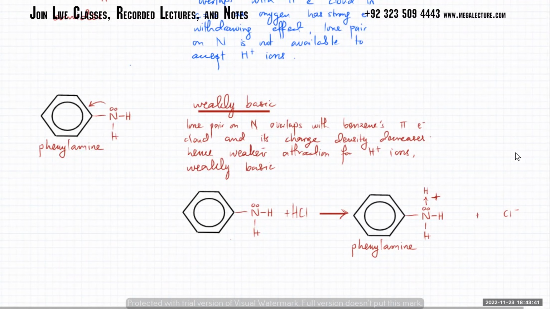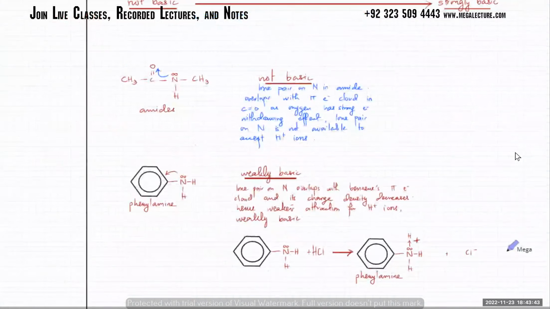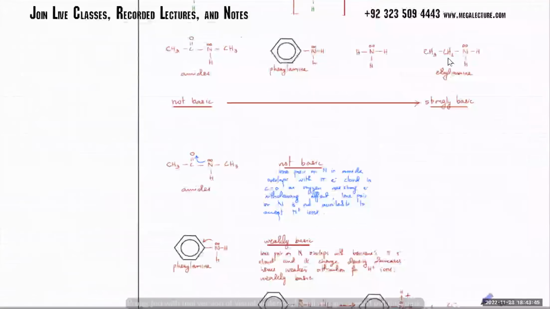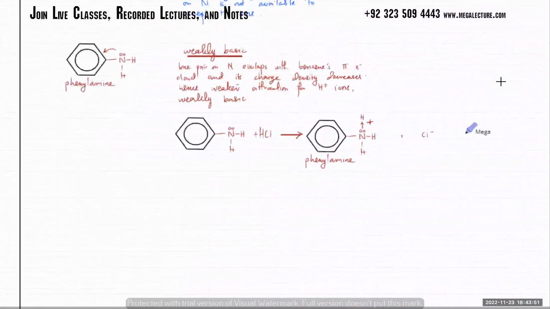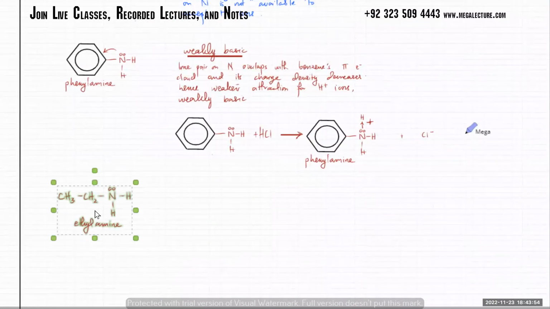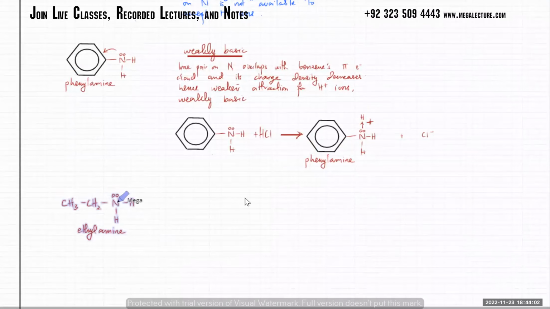There's this last one. That is relatively the strongest of all the bases because it's got an electron donating effect. So in this case, this is the one that happens to be strongly basic.